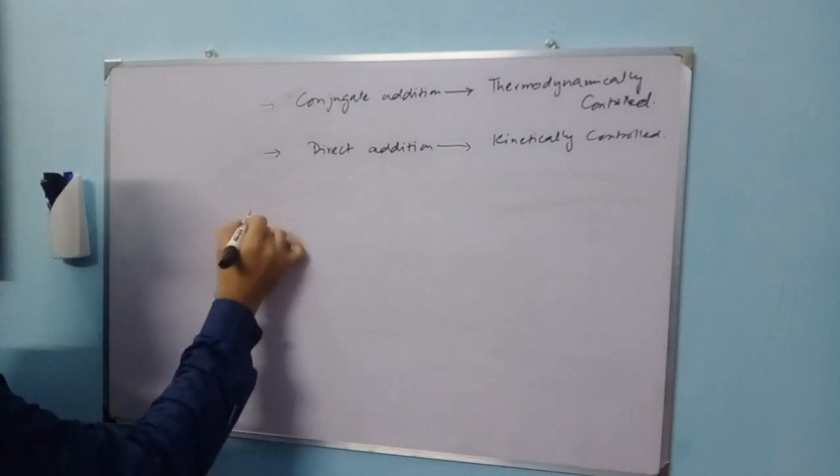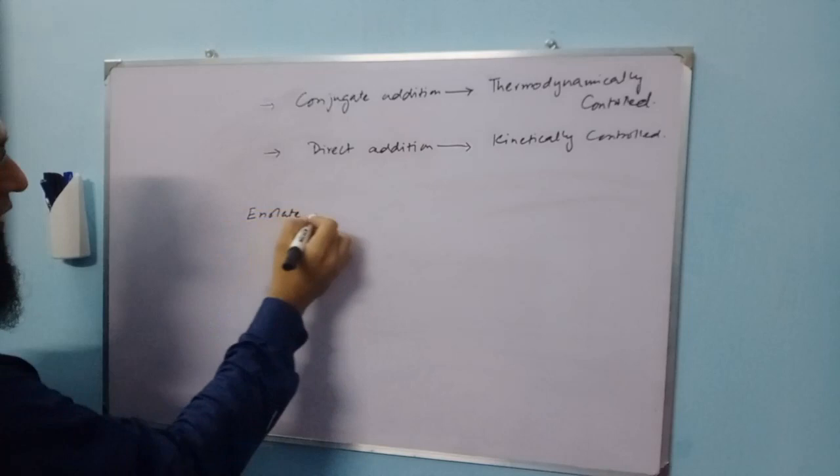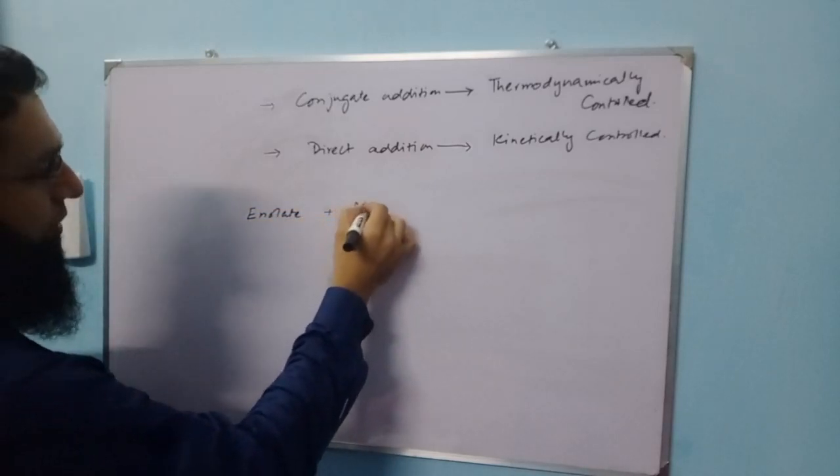Now there are two components, enolate plus Michael acceptor.